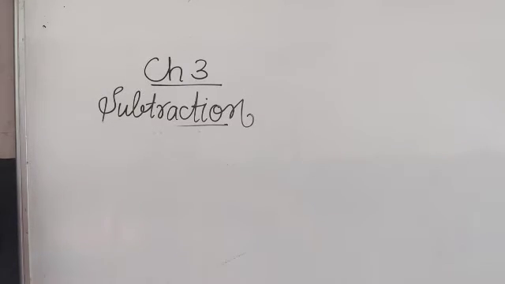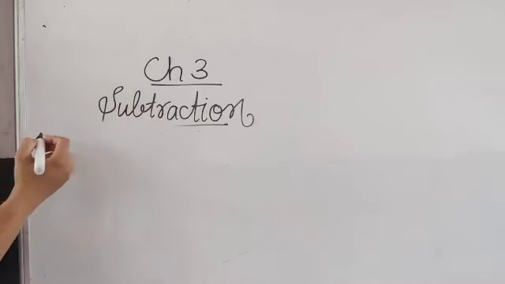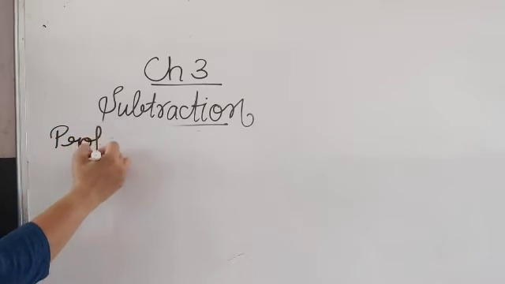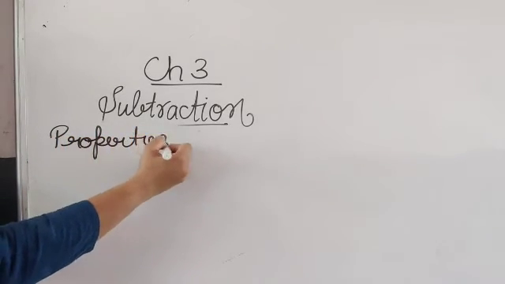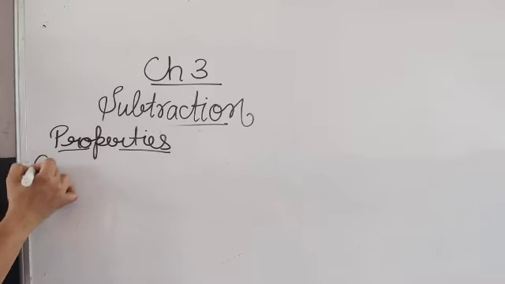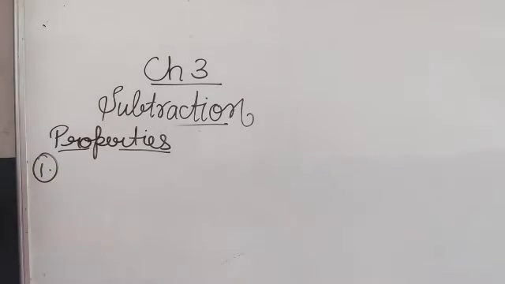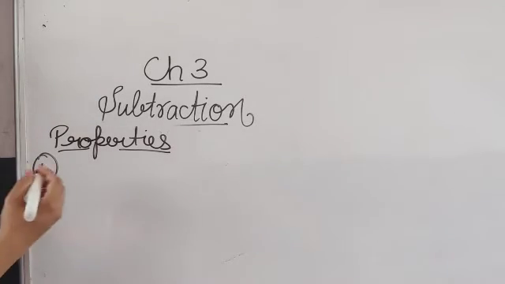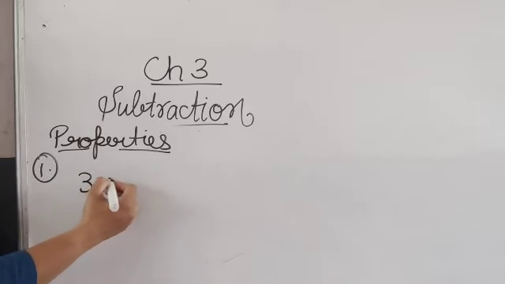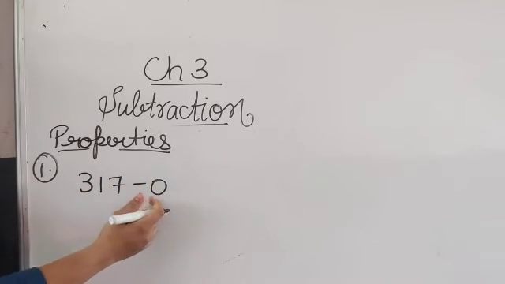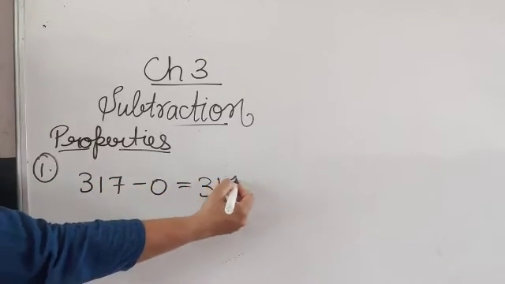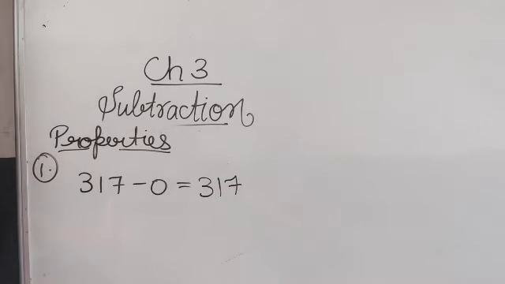Properties of subtraction. Property number 1: when we subtract 0 from any number, we get the number itself.